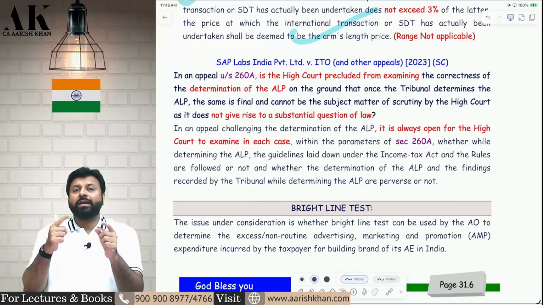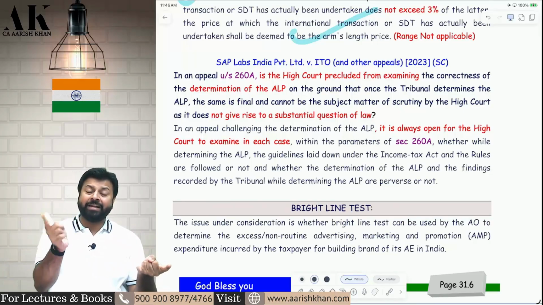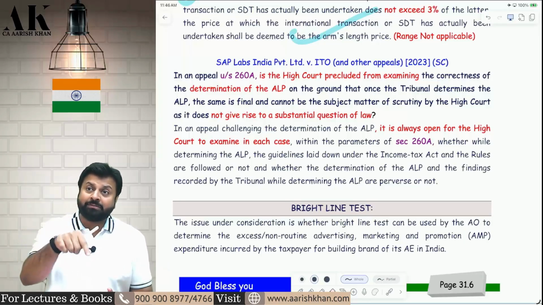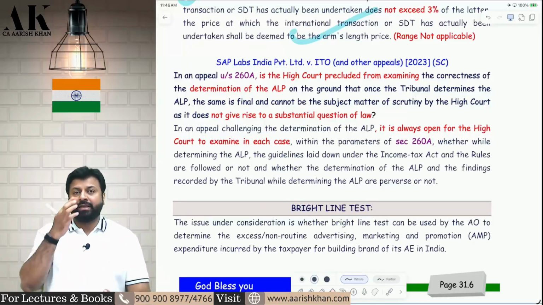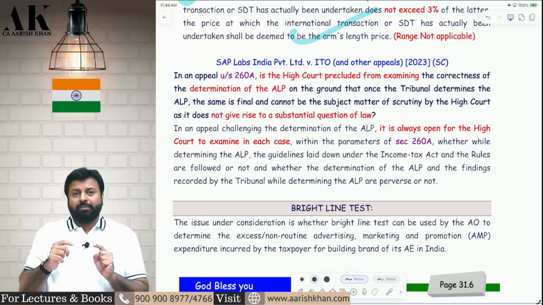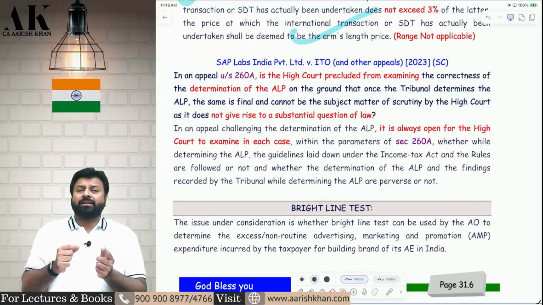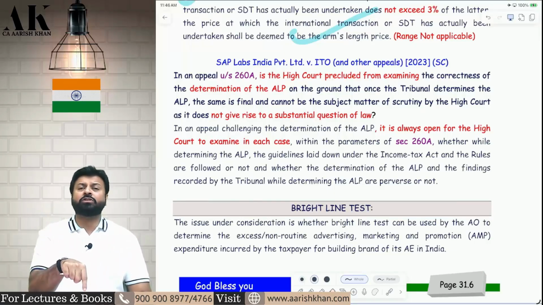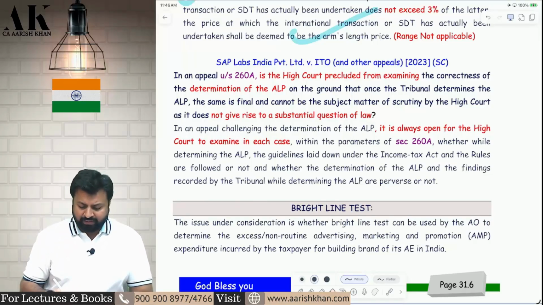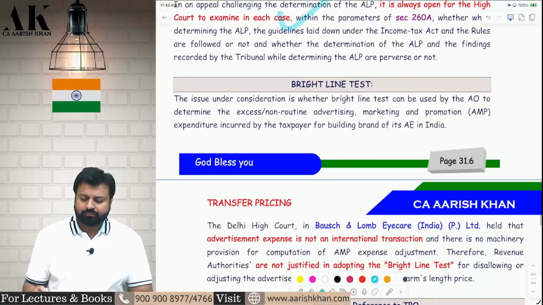So the High Court has the power to interpret the law and interfere between the assessee and the department and say that yes, the arm's length price is not properly computed as per the Income Tax Act and its rules. That power the High Court has, and nobody can stop the High Court from doing this. Therefore, by default, the High Court cannot determine the facts of every arm's length price, but the High Court can definitely say whether the arm's length price is computed as per the rules, as per the law, or not. That power the High Court definitely has. I hope it is clear to all of you.